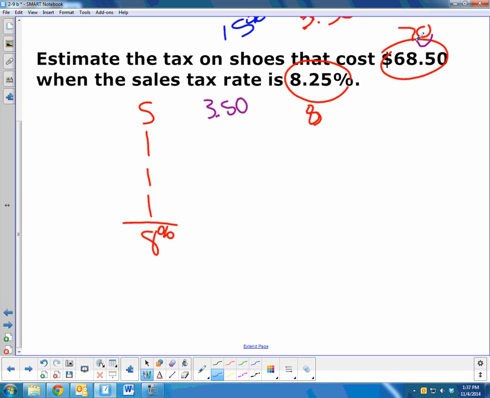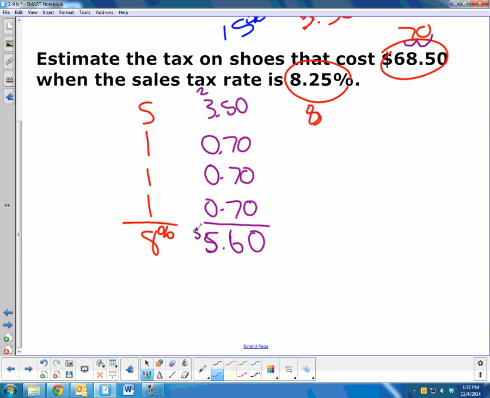1%, so again, I move the decimal one more time. I'm going to get 70 cents, 70 cents, and 70 cents. If I add all of those up, I get $5.60 would be the sales tax.